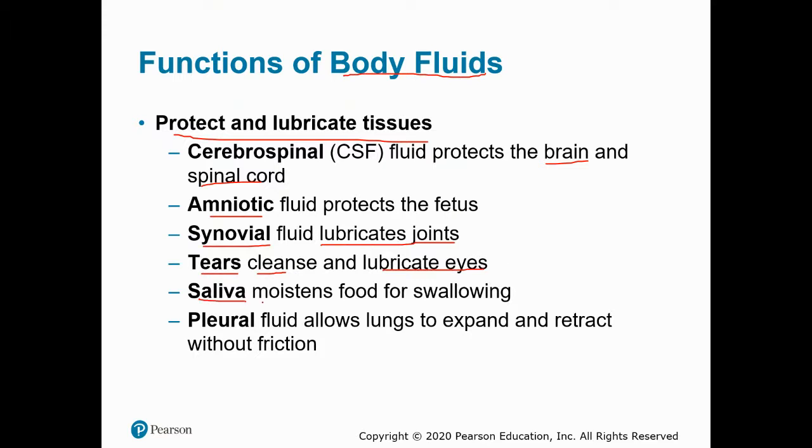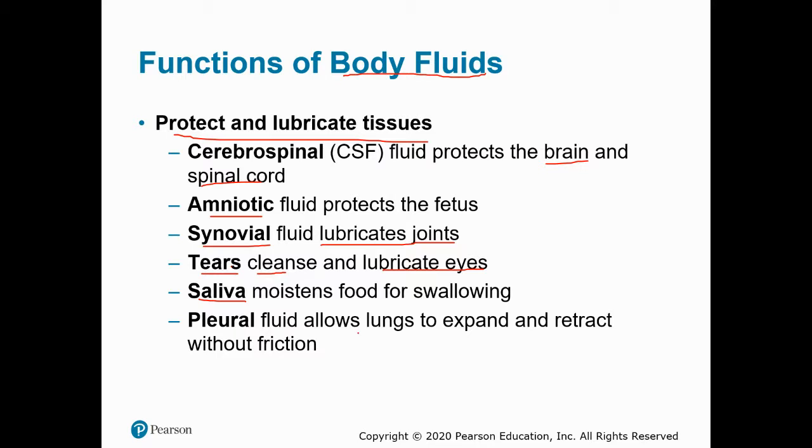We have saliva that moistens our food. And remember, saliva had a lot of digestive components, bicarbonate, and some digestive enzymes. So it helps moisten the food, and then also is a means of providing those digestive enzymes and other digestive components to help us begin digesting our food.